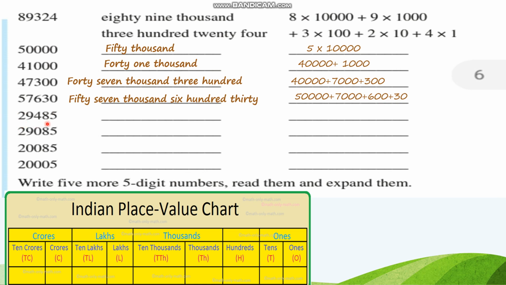How to read it? 29,485. How to expand? 20,000 plus 9,000 plus 400 plus 80 plus 5. Isn't it? Yes.